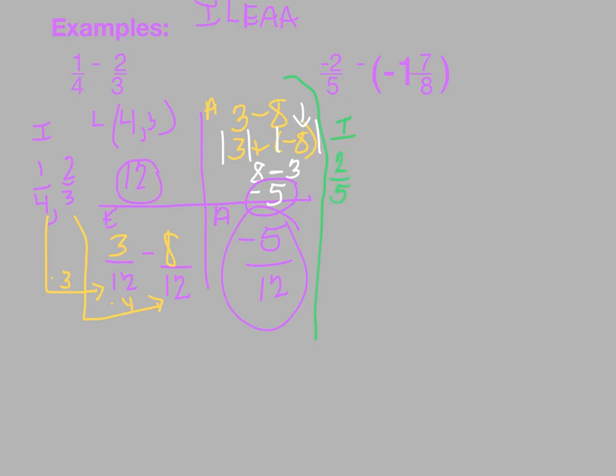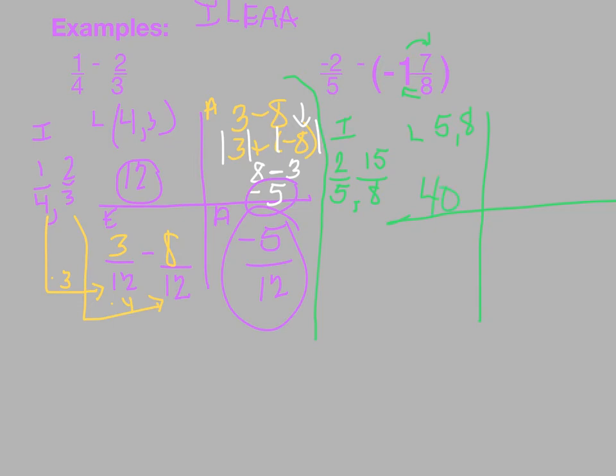It's not an improper fraction, but it's not a mixed number, so we don't have to change it. I've got negative 1 7/8. 8 times 1 is 8, plus 7 more is 15, so that's 15 over 8 is my improper fraction. Next, I've got L. The LCM of 5 and 8 is 40.